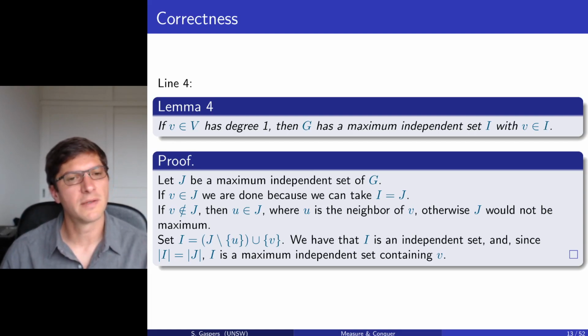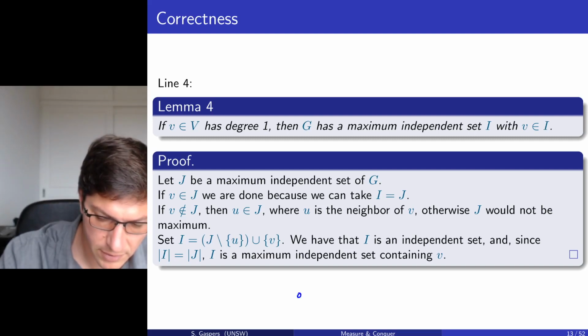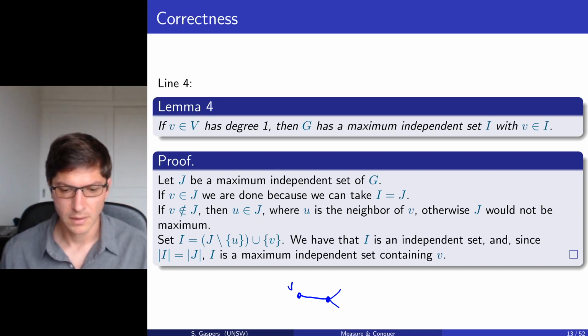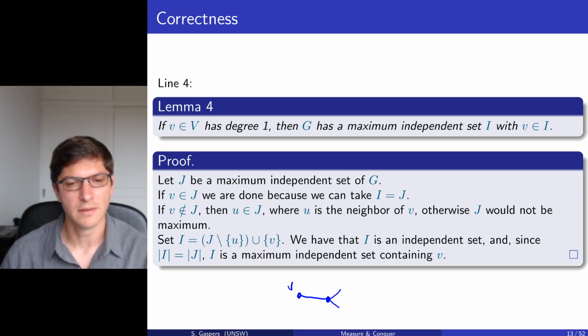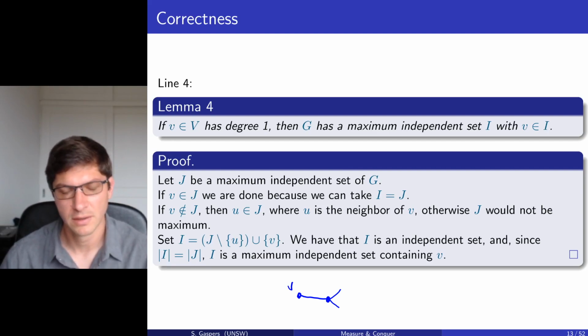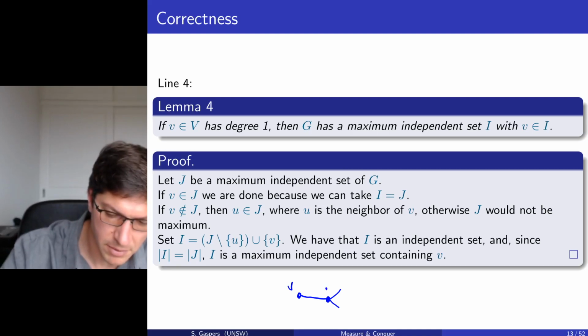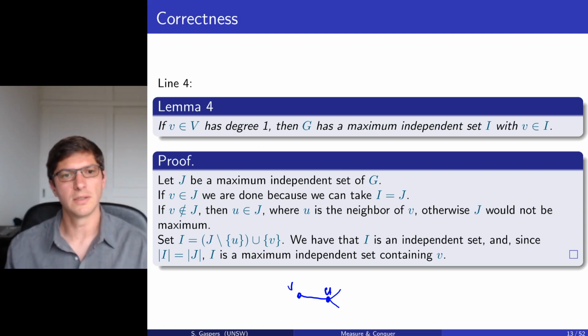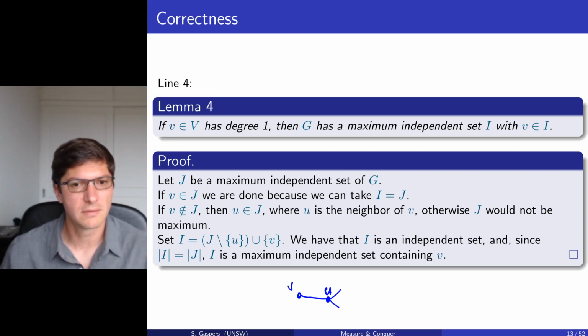If this largest independent set does not contain V, then we can ask ourselves, well, this vertex V has degree 1, and so it has one neighbor U. Since our independent set is the largest possible independent set, and it does not contain V, then it must contain the neighbor U. Otherwise, we could just have added V to the independent set, meaning that the independent set we had was not actually a largest one.